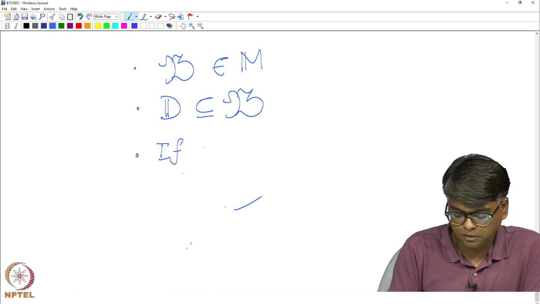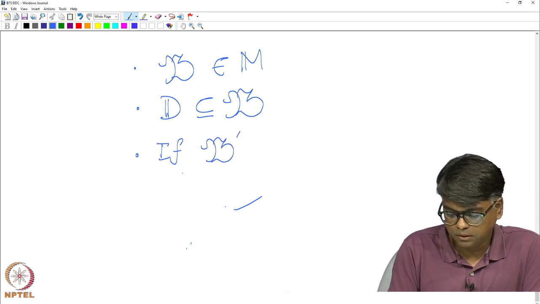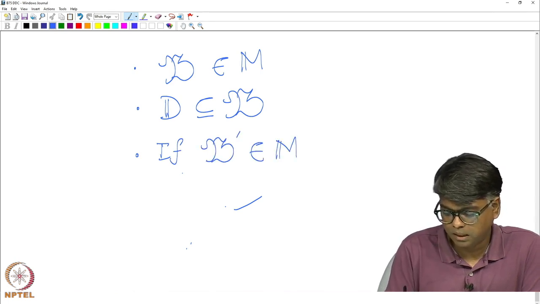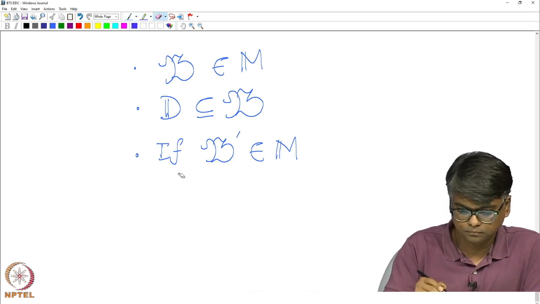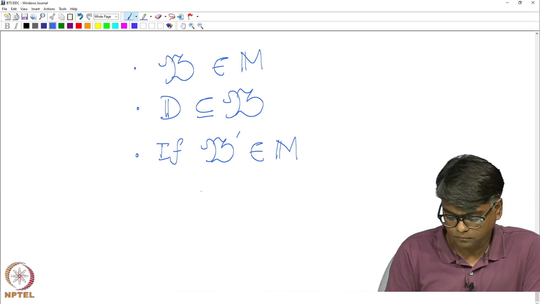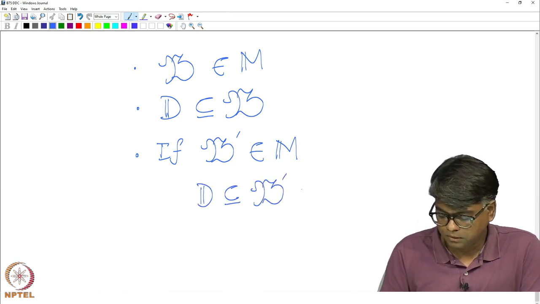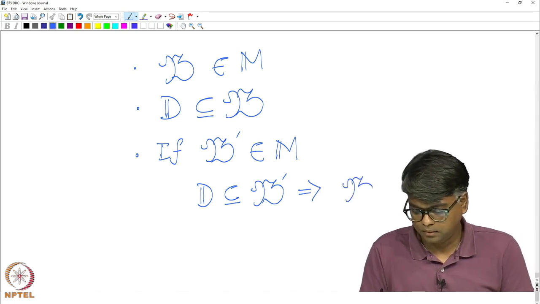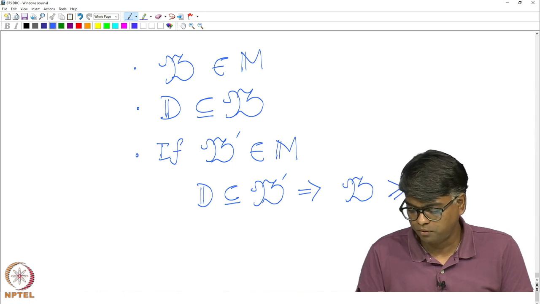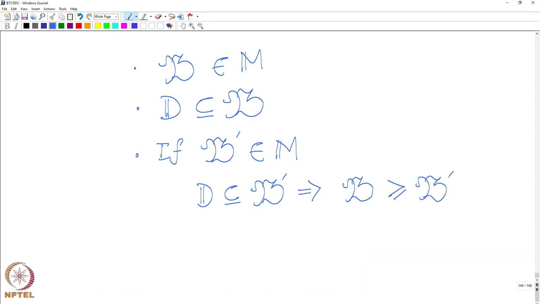If there is another model in the same model class which also explains the data, this would mean B is more powerful than B prime, which is equivalent to saying B would then be a subset of B prime.